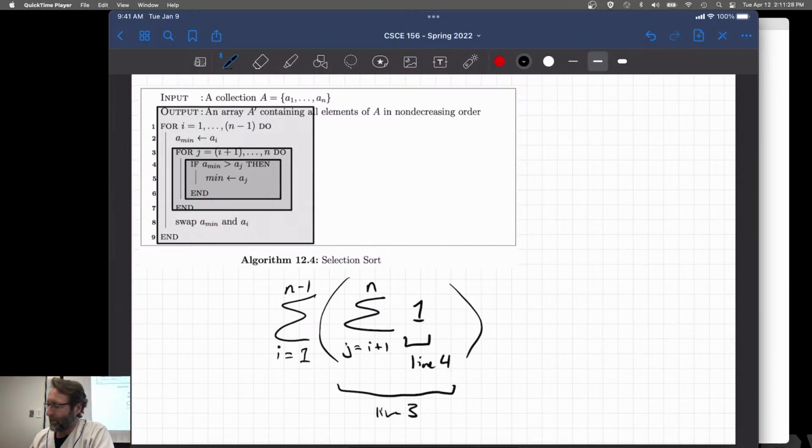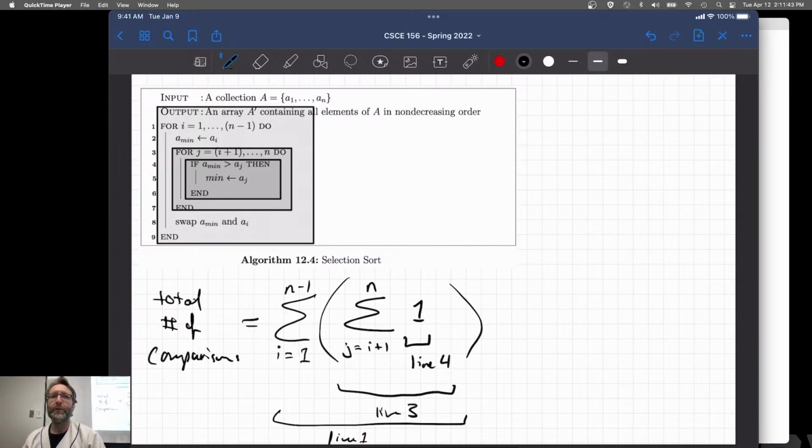Now it's a simple matter, and this entire thing now is starting at line 1. That's the total number of comparisons with respect to n, the input size. All we need to do is solve that summation, and we've got our answer.